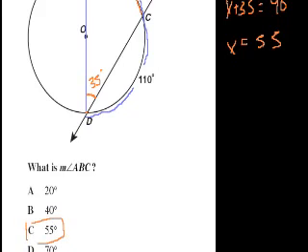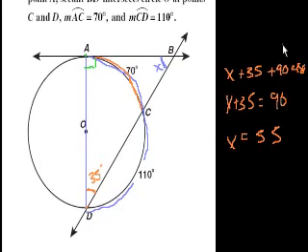Now there's another way you can do this, and this is another interesting thing about lines that intersect circles. This angle measure right here, if it's sitting outside of the circle, is equal to 1/2 the difference of the arc measures that it intersects.